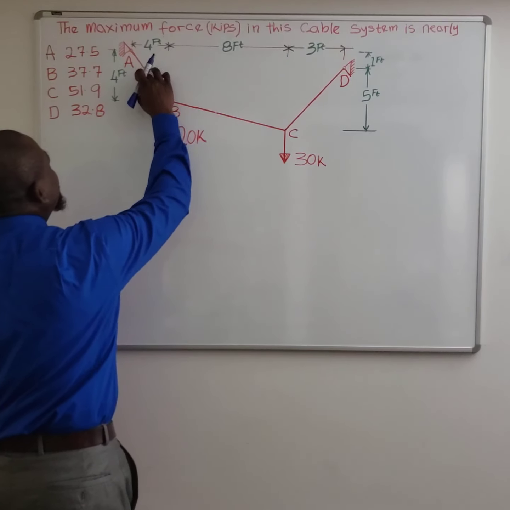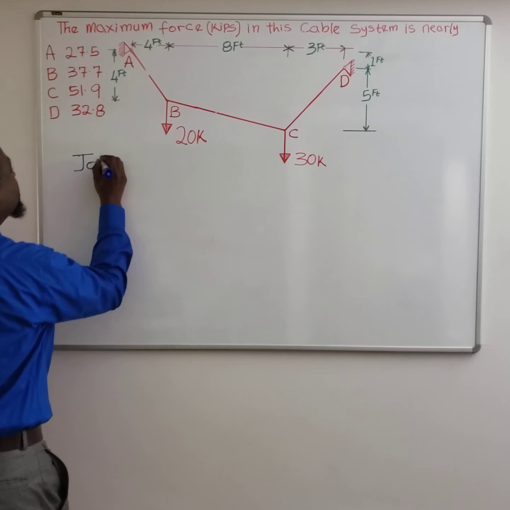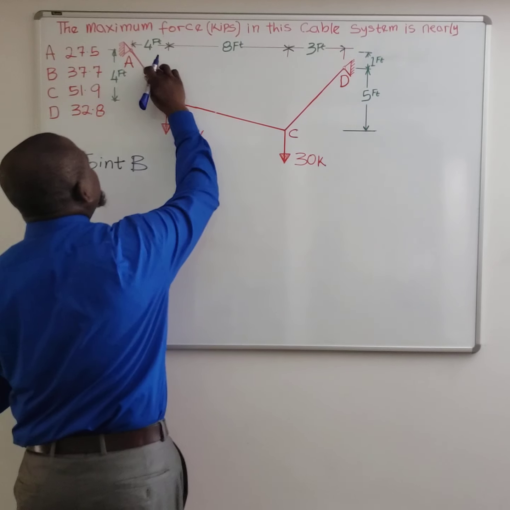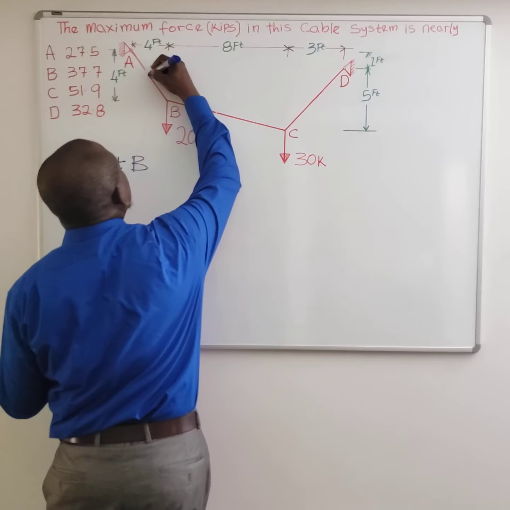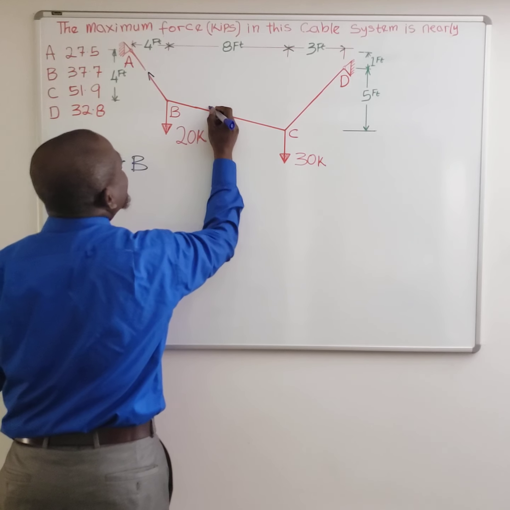So let's consider joint B. So for lack of space, let's use the same diagram and introduce a cut here.